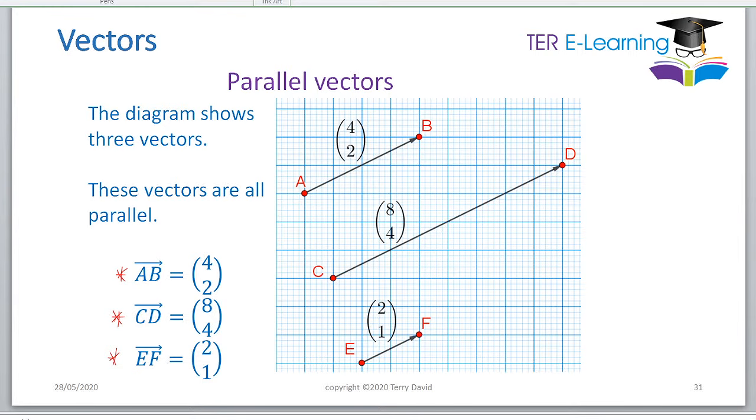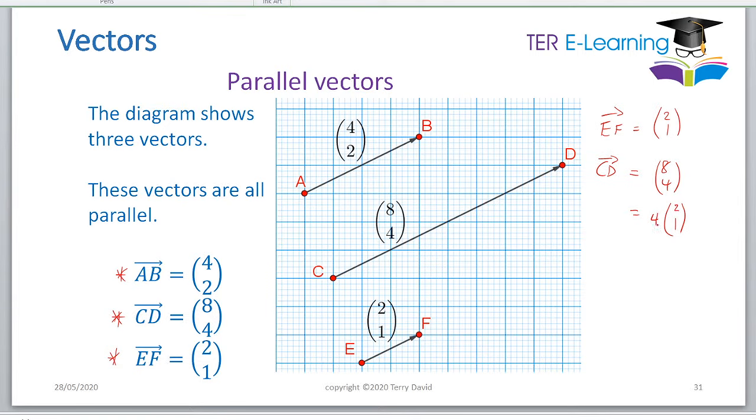Now, let me just go back here. Look at something here. The smallest vector that I have here is EF. So the vector EF is equal to 2, 1. Let's look at the vector CD. The vector CD is equal to 8, 4. But I can write that 8, 4 as 2, 1 with a number in front of it.